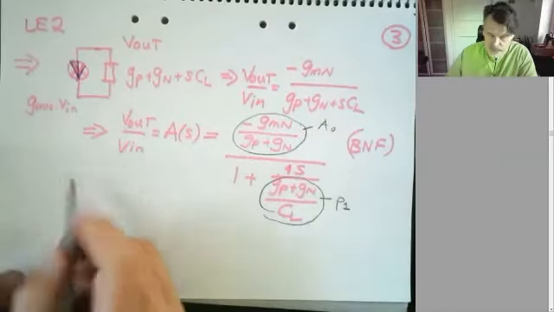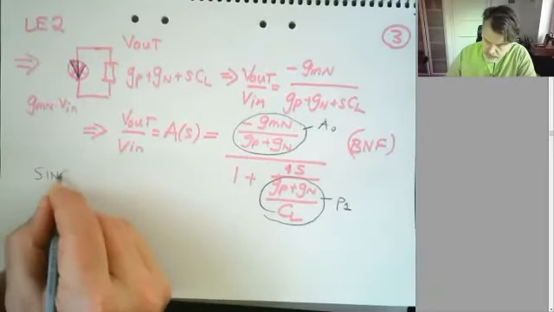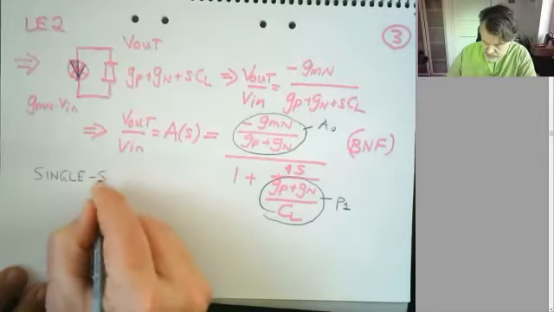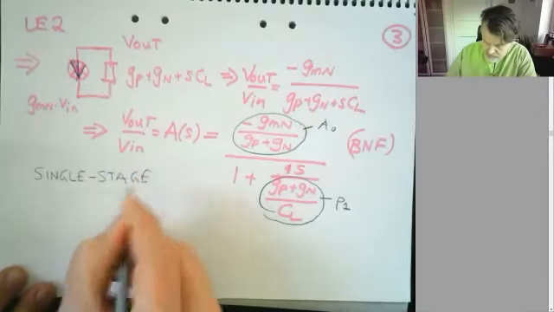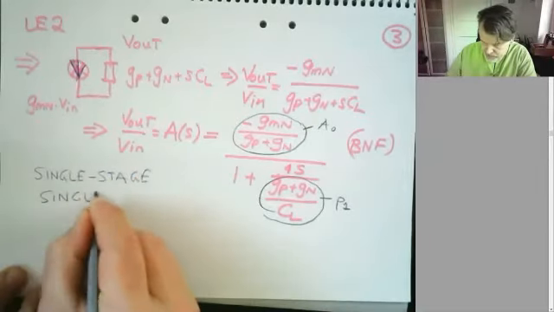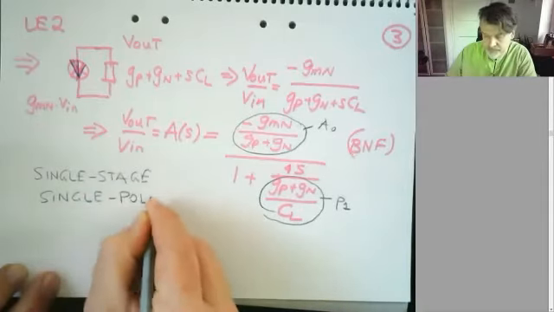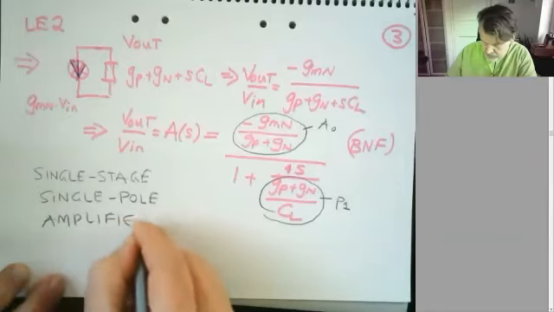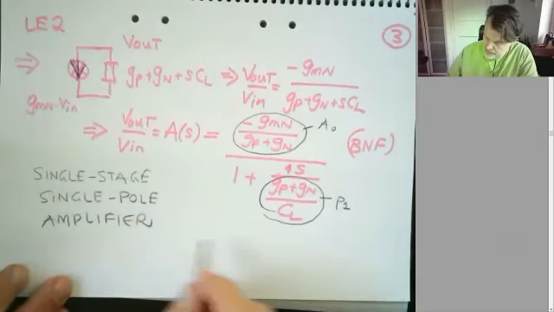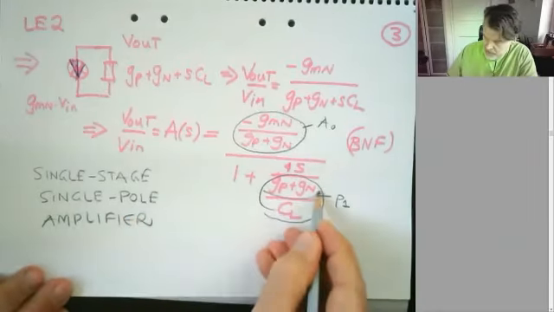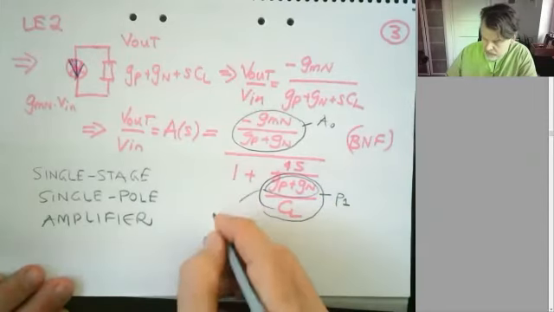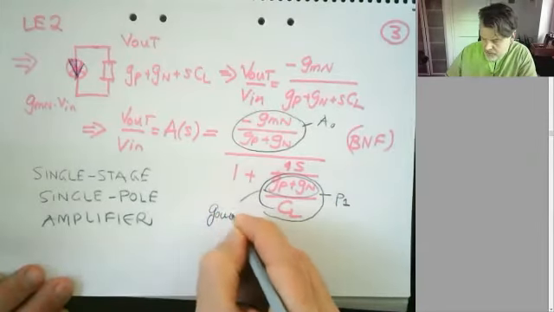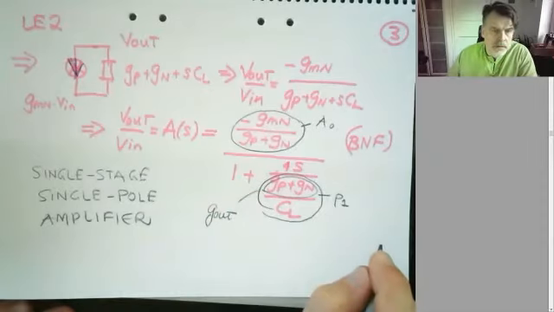And also, since this is a single pole, single stage, single pole amplifier, that implies that this GP plus GN is also equal to the output admittance or conductance.